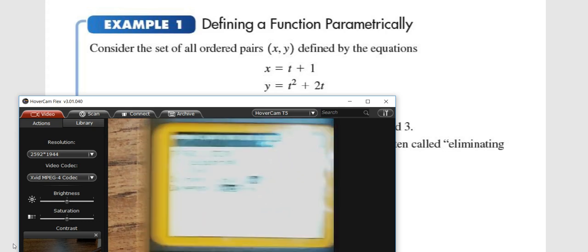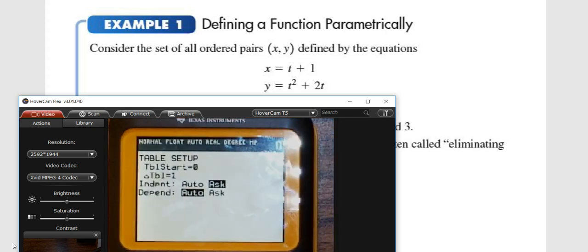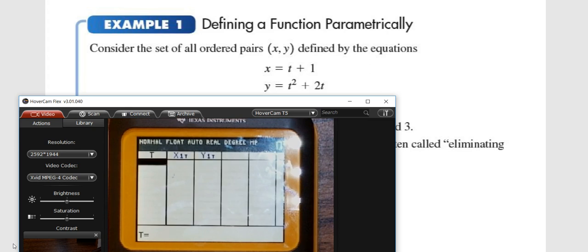Okay. Your X,T,theta,n button, which is the one we used prior, does t's now because it's in parametric mode. Okay, everybody to this point? Any questions? Right above the word graph, it says table. It should look fairly empty. If you have other values in there, you could just hit the delete key and get rid of them.